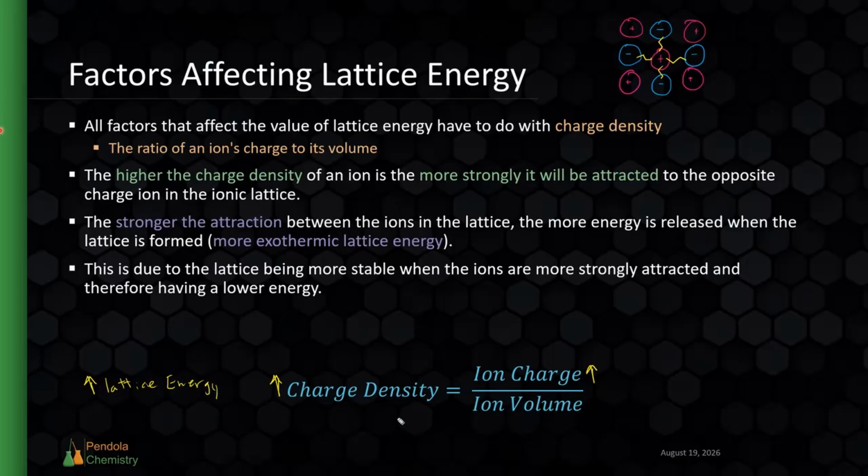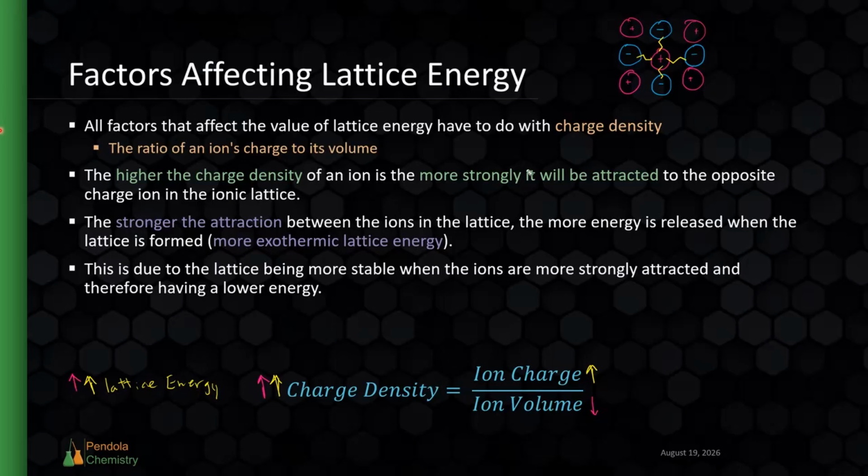Because the attraction between the ions is stronger. If we, on the other hand, decrease the ion's volume, if we choose a smaller ion, then charge density will also increase, because if we make the ion volume smaller, we're making the denominator smaller in this division. And so the charge density will also increase, and therefore the lattice energy will increase.